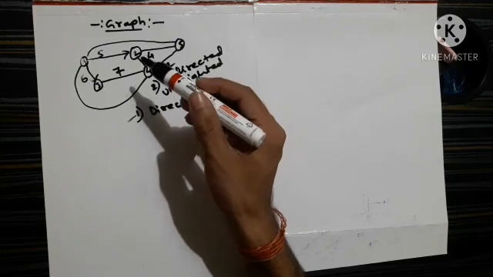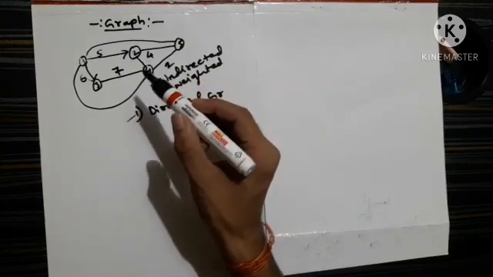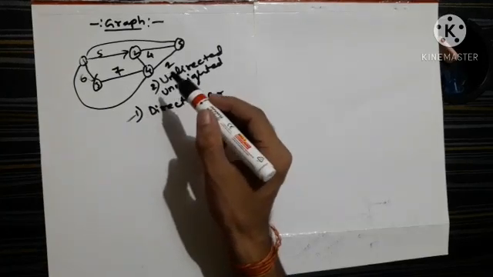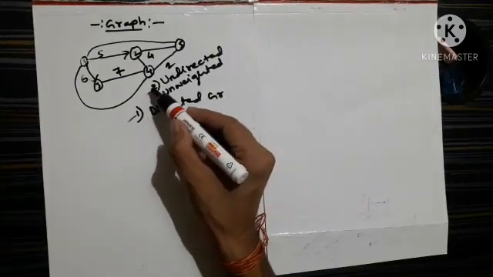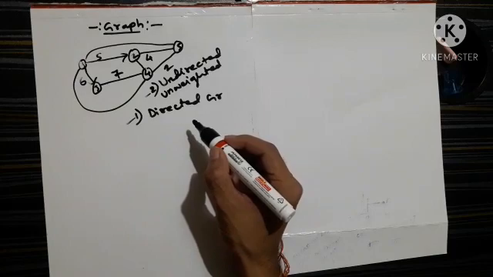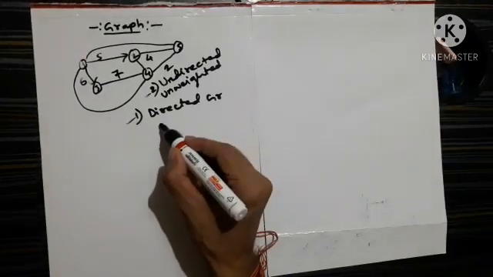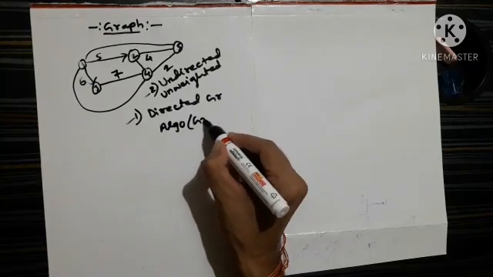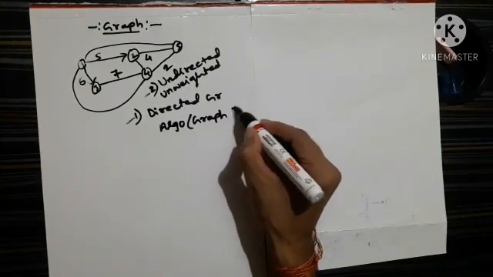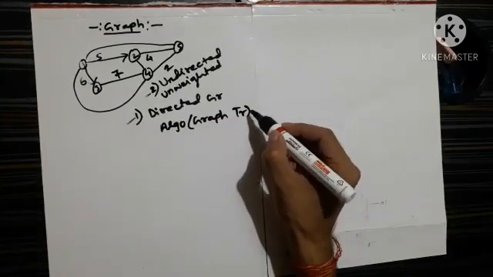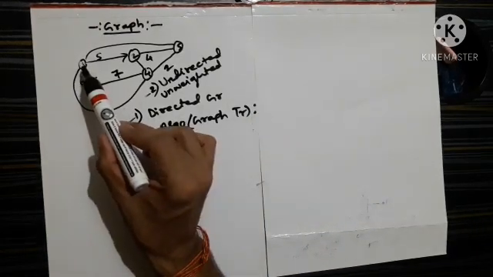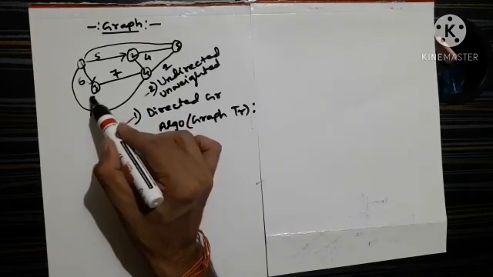Now I will show you how to deal with the graphs. These are the two kinds of graphs, and there are two kinds of algorithms. Basically these algorithms are graph traversal algorithms. What does graph traversal mean? Graph traversal means traversing through what are also called nodes.